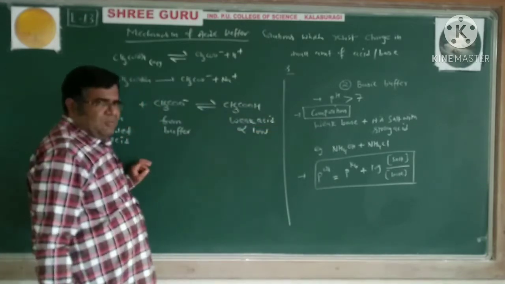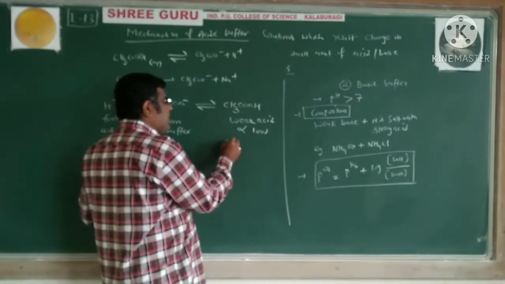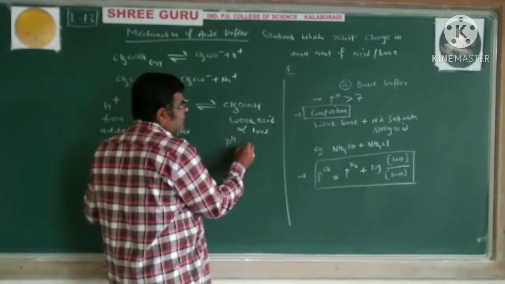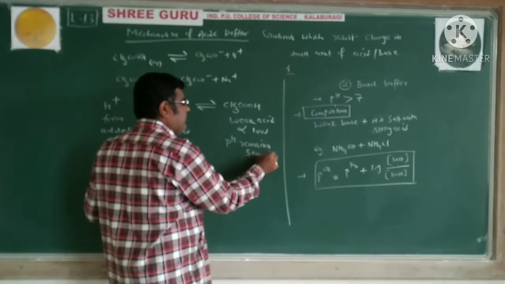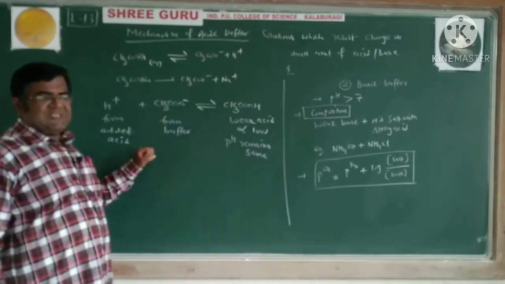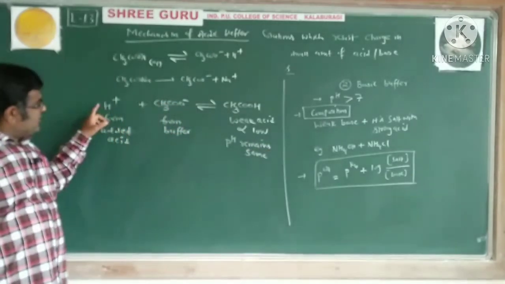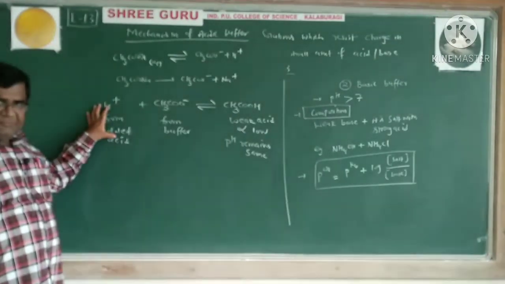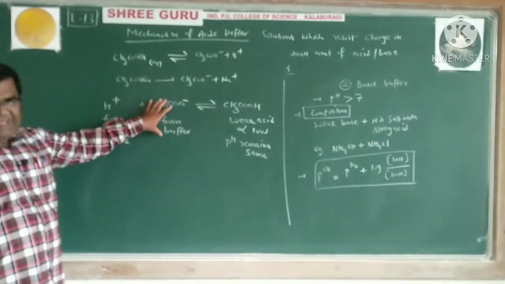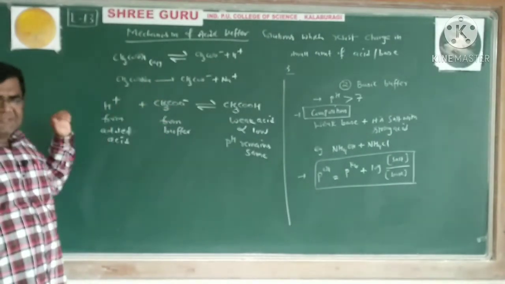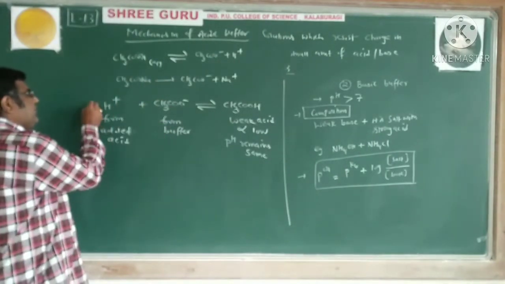Alpha is low here. That's why pH remains the same, because it will not release much H plus ion. The H plus ion we added has been consumed by the acetate ion, and the pH remains the same if acid is added.